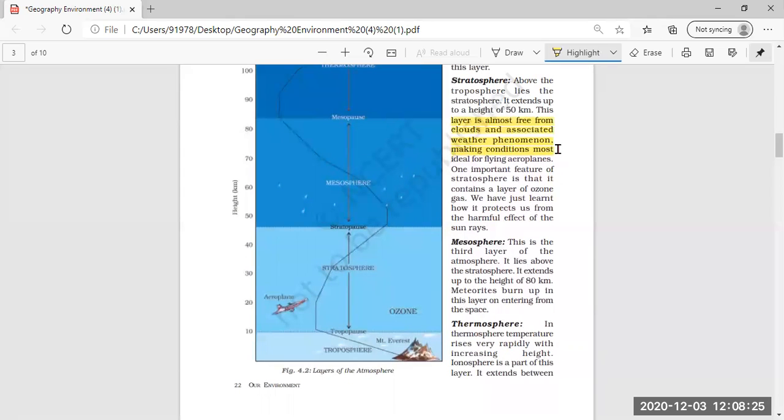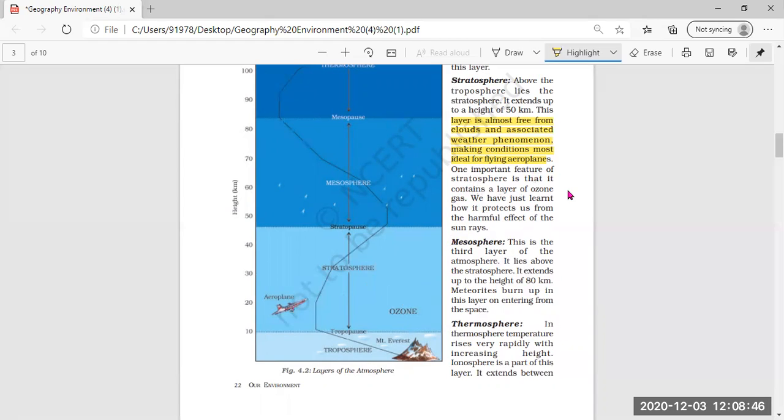It is the stratosphere, making conditions most ideal for flying aeroplanes. So mostly aeroplanes fly in this layer called the stratosphere.